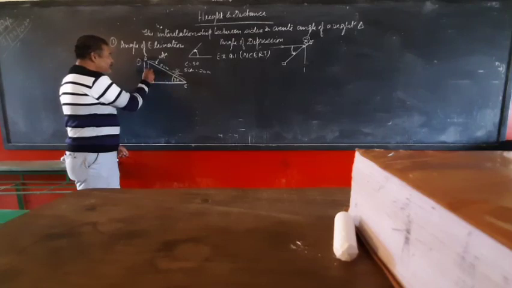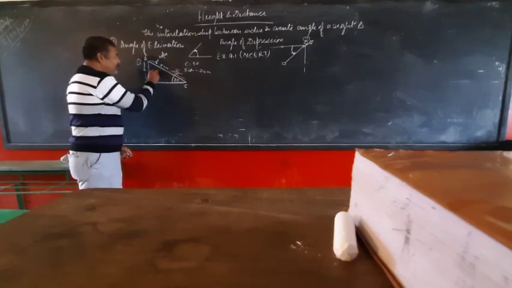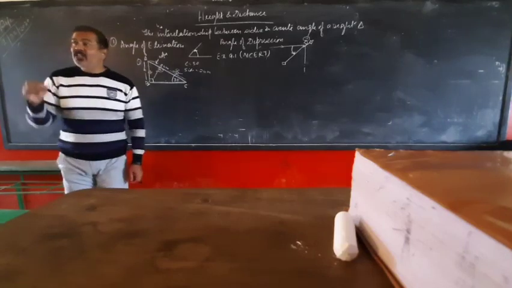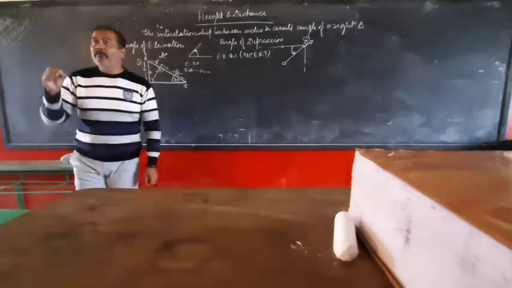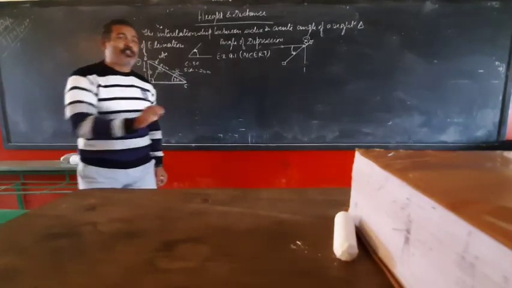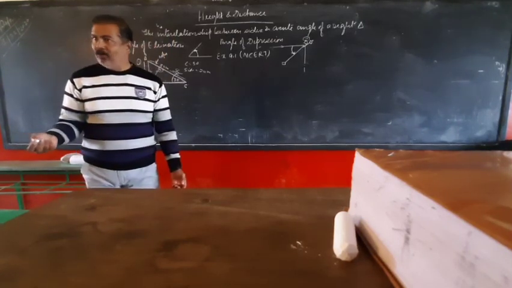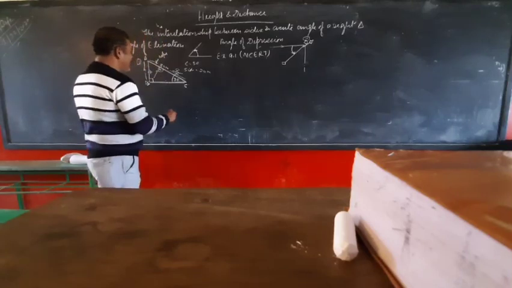So this side is perpendicular, and the side opposite the 90 degree angle is always the hypotenuse. So which T ratio relates perpendicular and hypotenuse? Sine or cosine? So we'll use the sine.